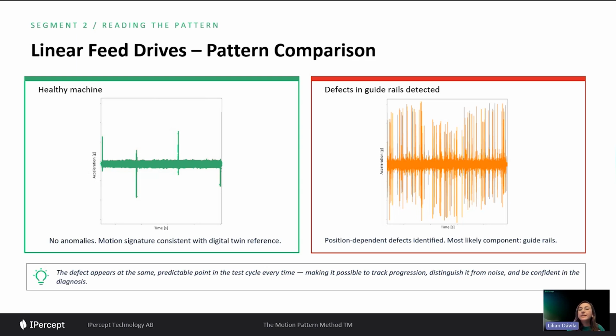That's what separates a real defect from noise. Noise is random. It can be a nearby machine or a forklift driving by, but a defect instead is structural. It shows up in the same place at the same amplitude every single time. And that repeatability is what allows the system to track progression over time and know how fast this is degrading.